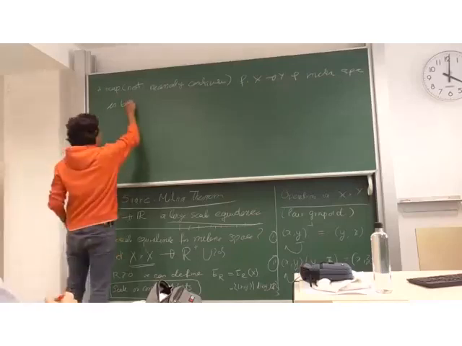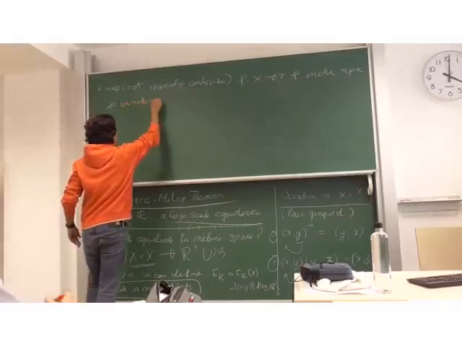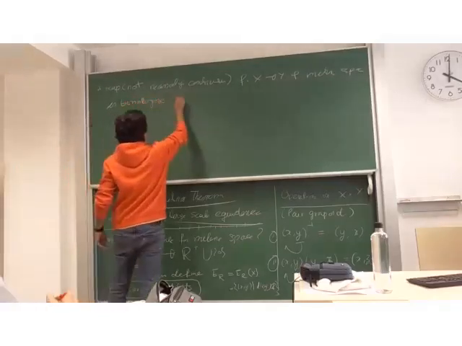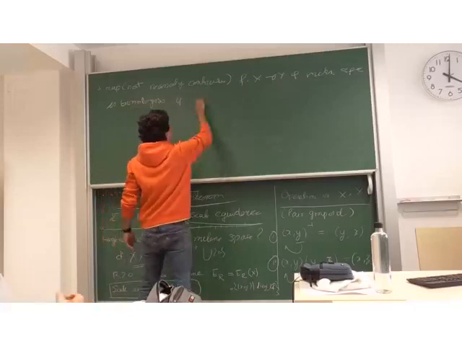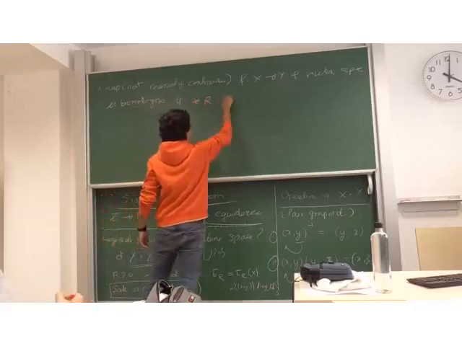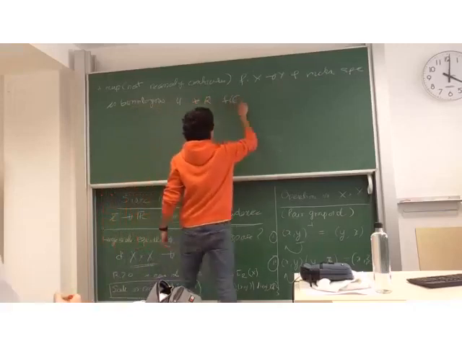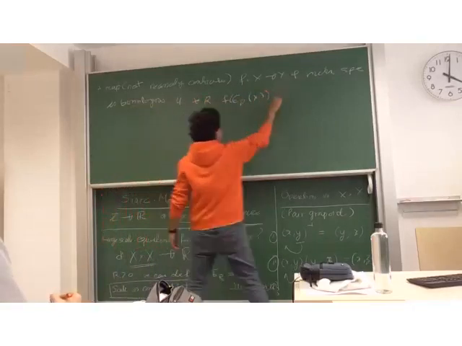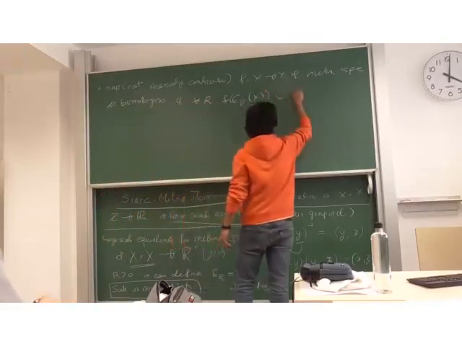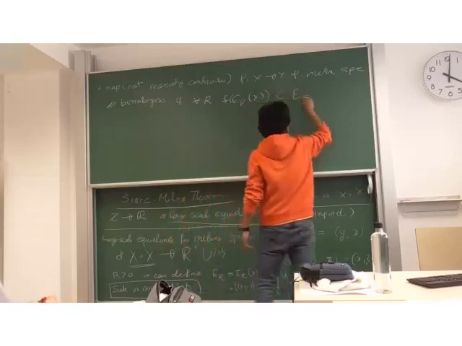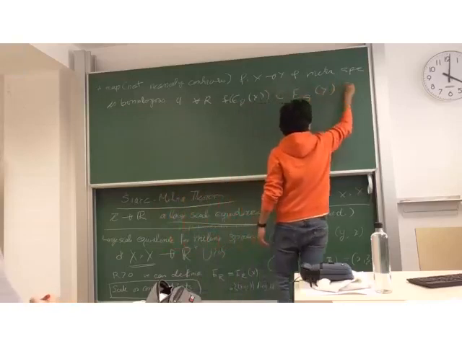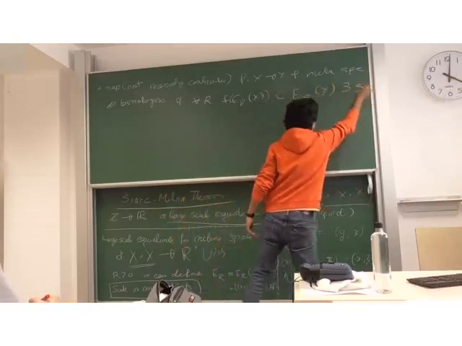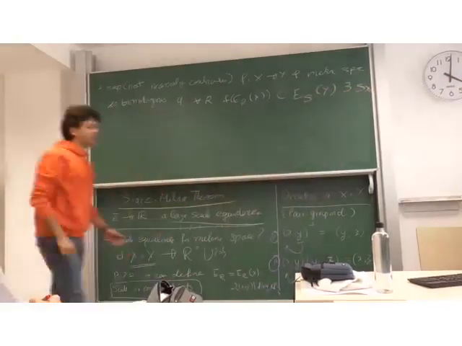So bornologous if for every r, f(E_r) is contained in E_s. There exists such an s. Right? So for every r, there should be an s.